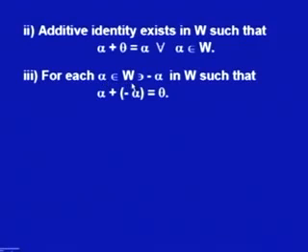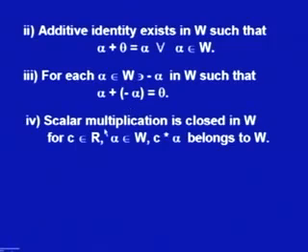So, if alpha belongs to W, its inverse must also belong to W. This is also a requirement to be fulfilled by W to be a vector space. And the last property is that scalar multiplication is closed in W. For example, if C belongs to R and alpha belongs to W, then C star alpha must belong to W. So, the closure property with respect to scalar multiplication must hold in W.